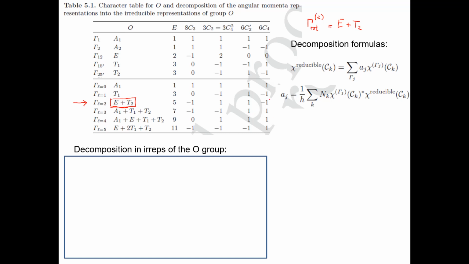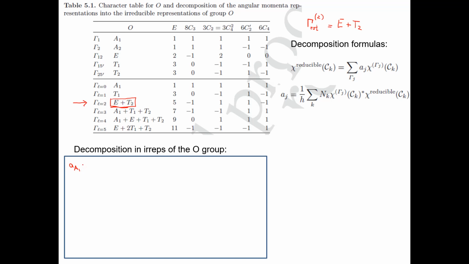So let's calculate first A of A1. Let's see how many times the A1, the identity representation, or gamma 1 if you will, is contained in the gamma 2 rot representation.